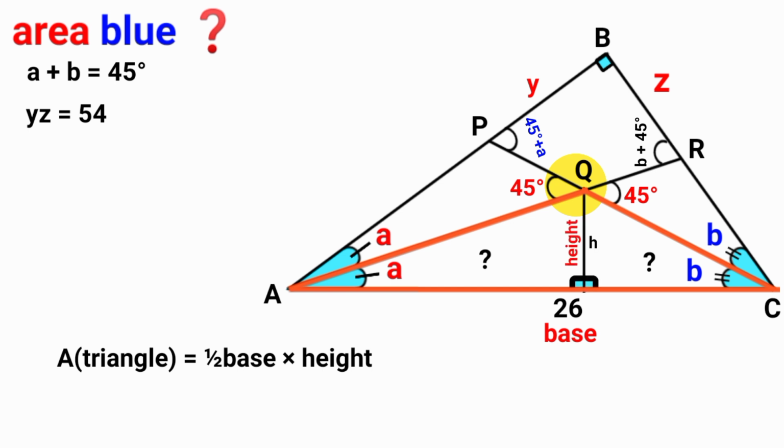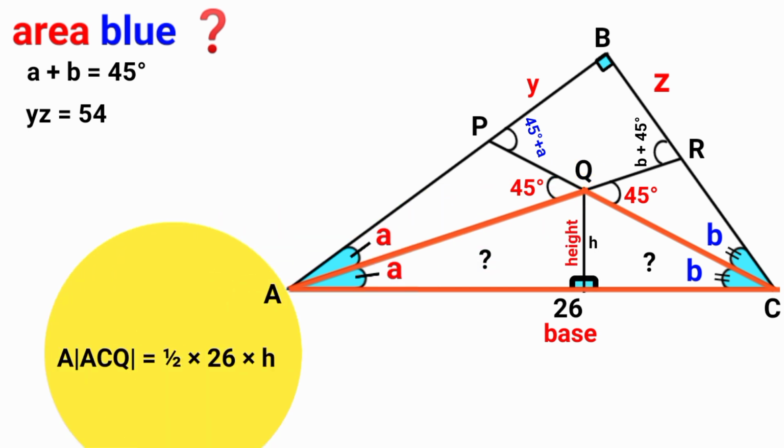Let's assume its length to be h. So area of triangle ACQ equal to 1/2 times 26 times h. 1/2 times 26 is 13. 13 times h is 13h. So area of triangle ACQ equal to 13h.